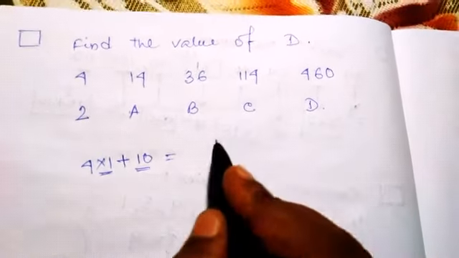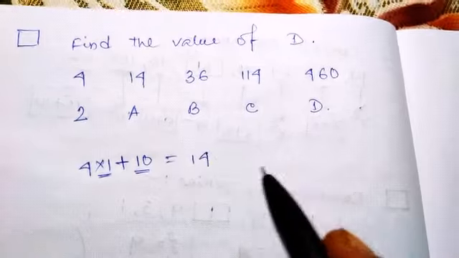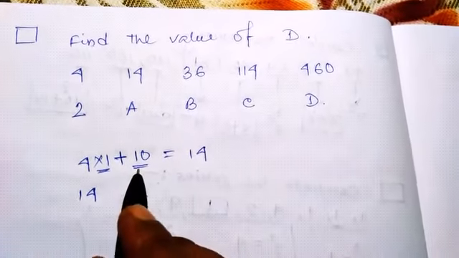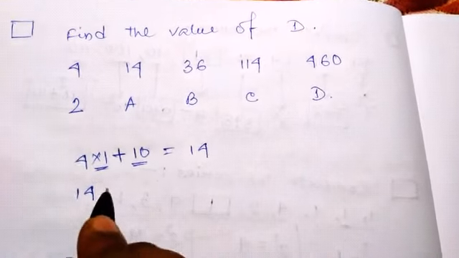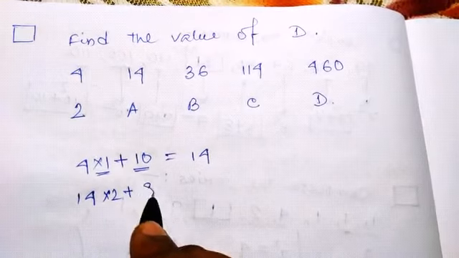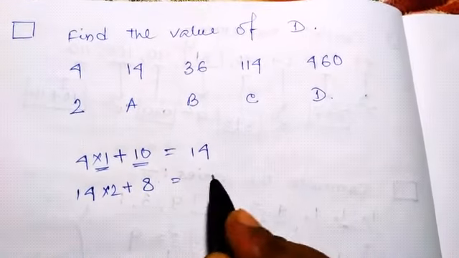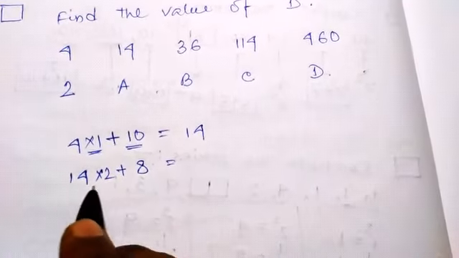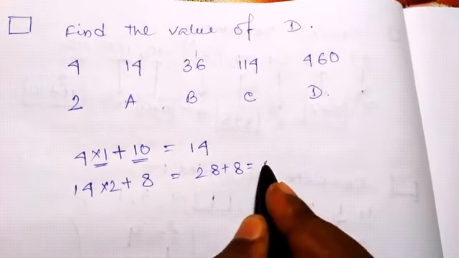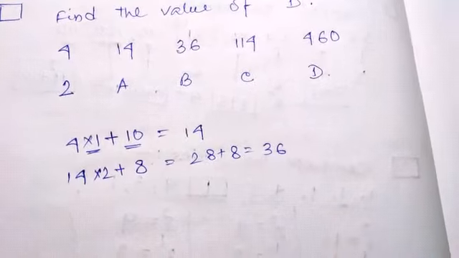Then you will get 14, and from 14 you have to multiply by 2 and then add 8. So it will be 14 into 2, that is 28, plus 8, that will be 36.